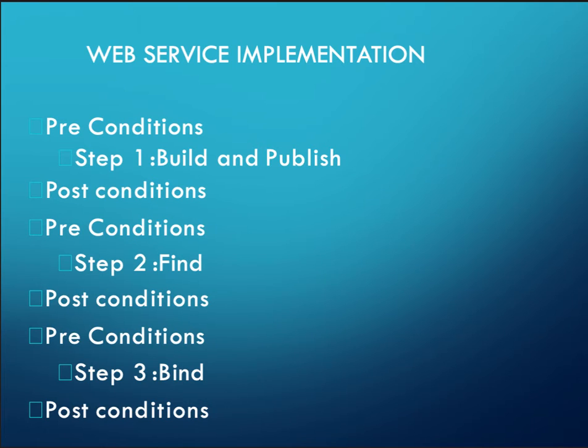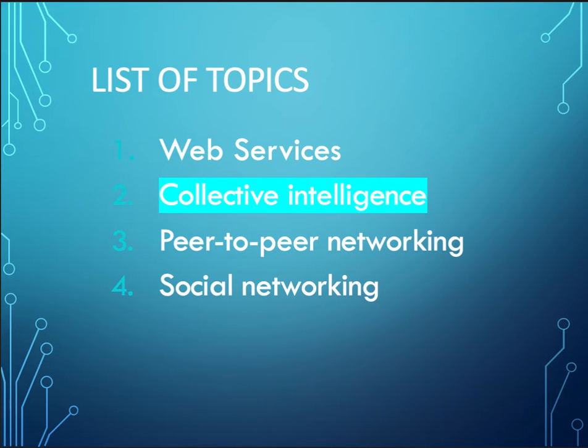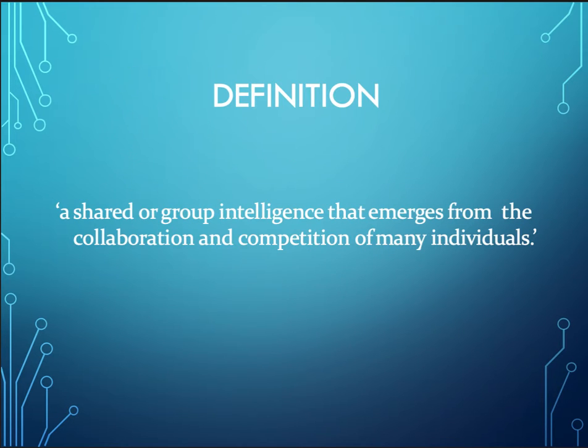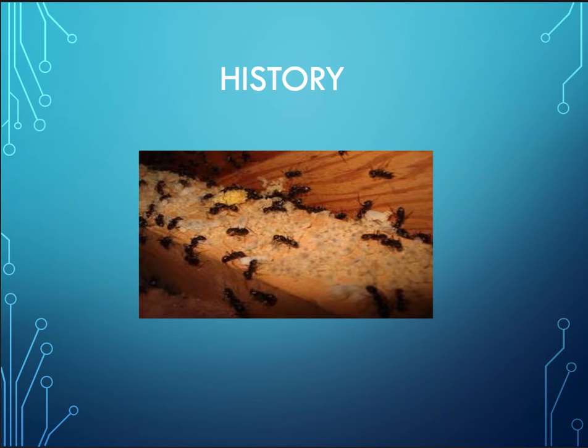Let's take a look at the next topic, collective intelligence. Definition: a shared group intelligence that emerges from collaboration and competition of many individuals. Historically, for example, in 1911, William Morton Wheeler observed that working in a group is not individual.